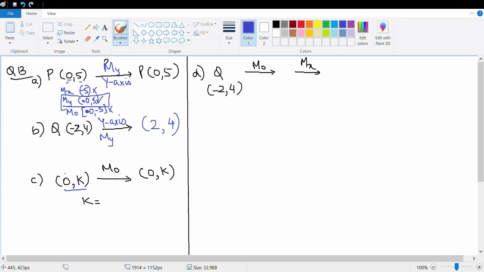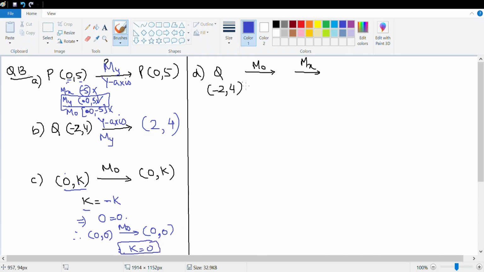Well, I know that k should become -k when reflected in the origin, which means k is equal to -k, which means, what's the only number which is equal to the negative of itself? Yes, that number is 0. So 0 is equal to 0. Therefore, 0, 0 on reflection in the origin remains 0, 0. Therefore, k is equal to 0.